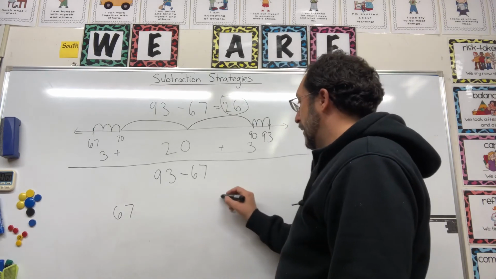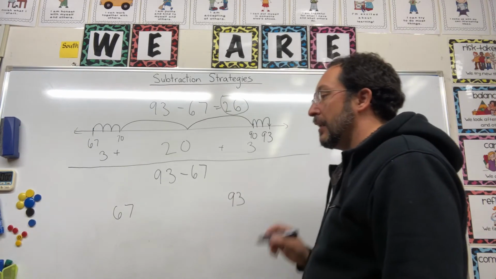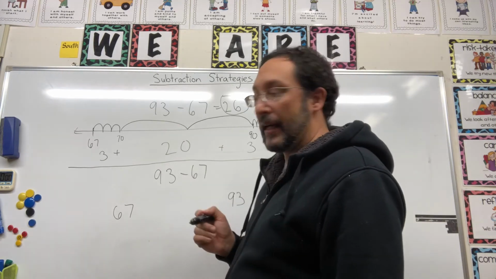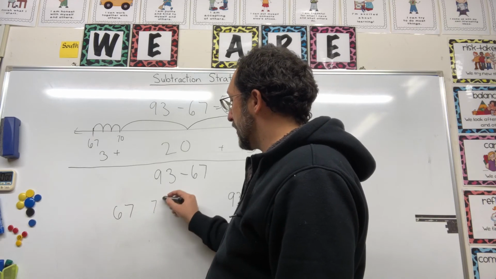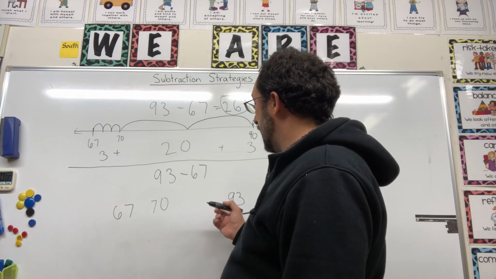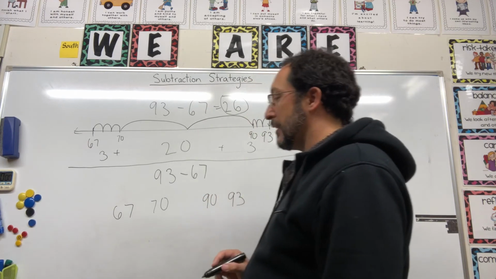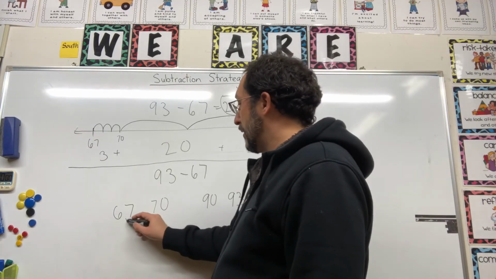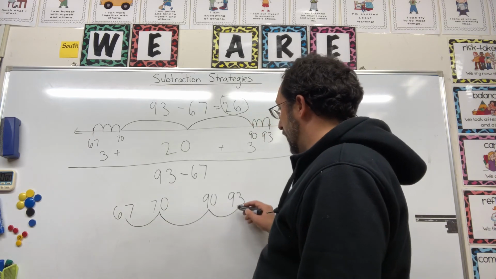We'll put our 93 here. And then we're going to say, what are key numbers that we had? We're looking at the 10. So 67, the next 10 is 70. And then we're looking at the next key number here, which is 90. So we're going to look at the numbers like so. Then we say, okay, we're looking at this to here to here.